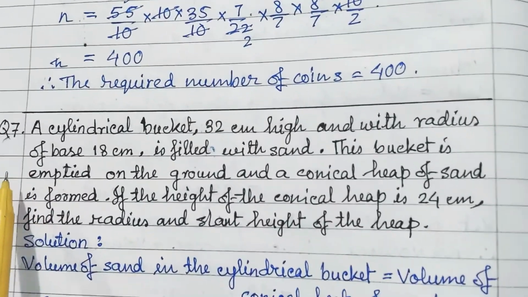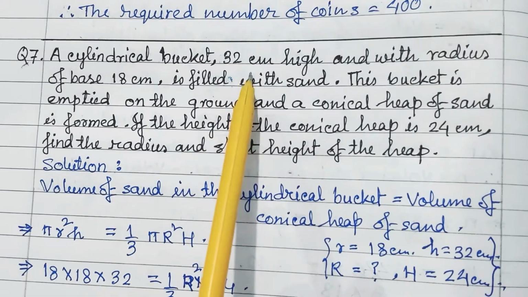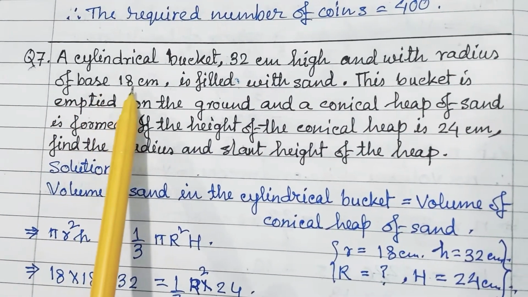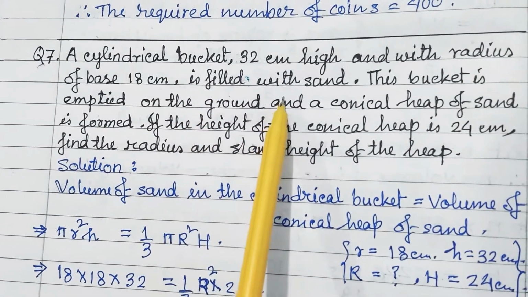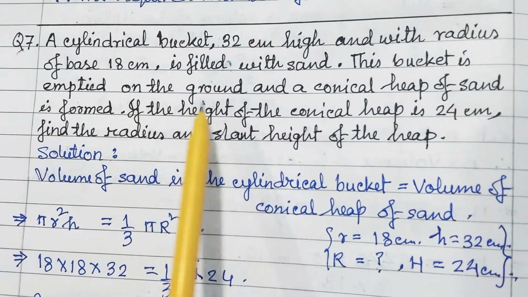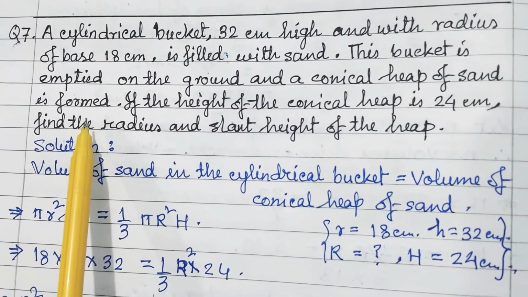Next, question number 7. A cylindrical bucket 32 centimeter high and with radius of base 18 centimeter is filled with sand. This bucket is emptied on the ground and a conical heap of sand is formed.